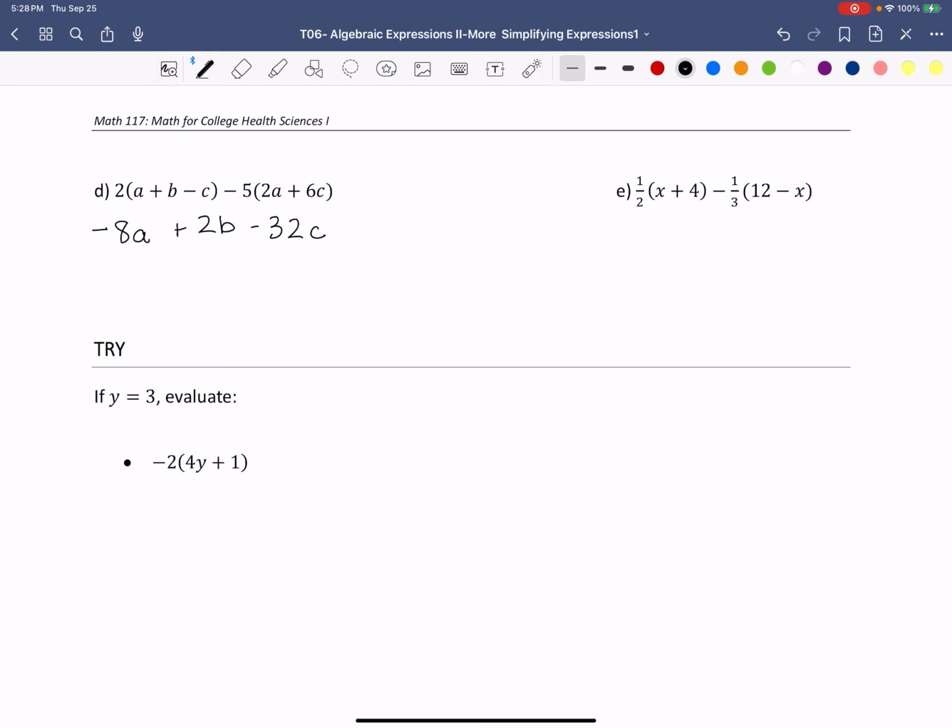You could also have 2b minus 8a minus 32c, or minus 32c plus 2b minus 8a. These are all the same and they're all correct. It's just the order of your terms.